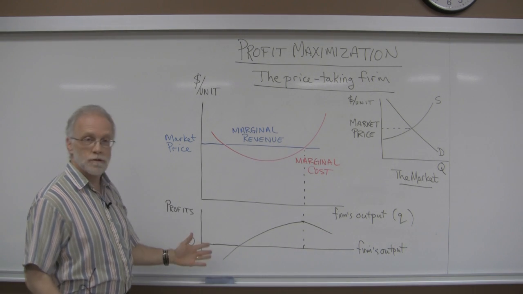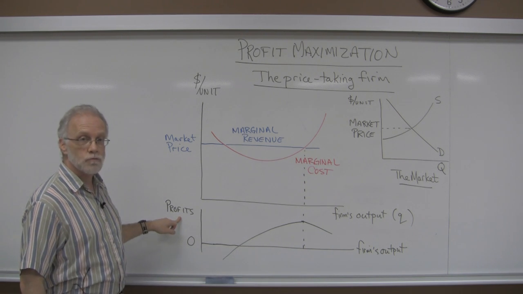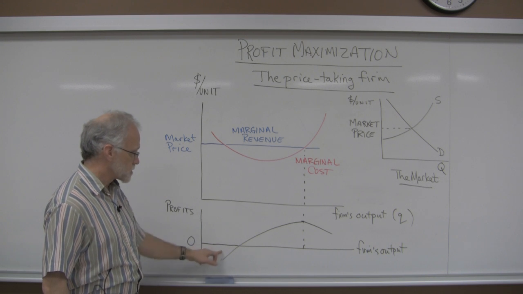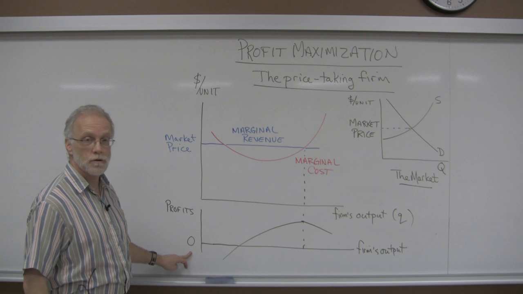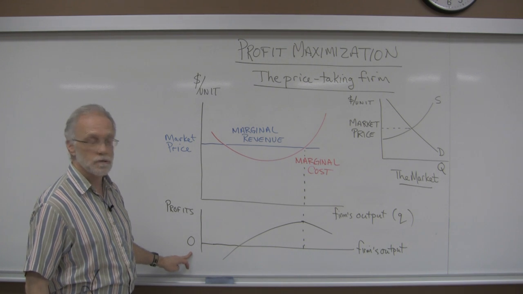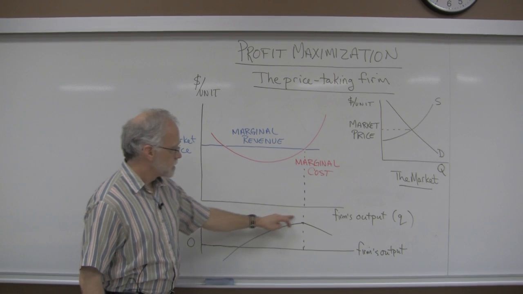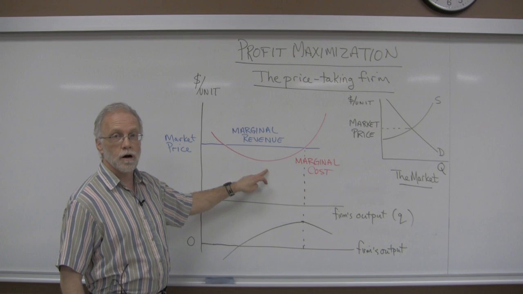If we just translate what I've said into a story that shows the level of profits directly, what we can see is that there's possibly some range of output where the firm would be experiencing profits that are below zero, losses in other words, but the profits would increase if marginal revenues were greater than marginal costs.